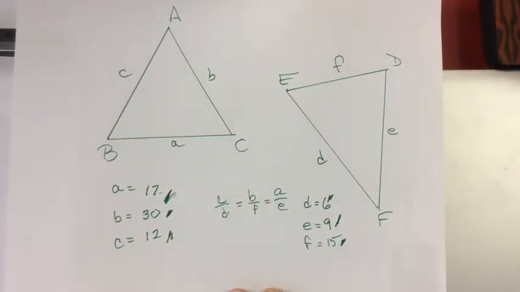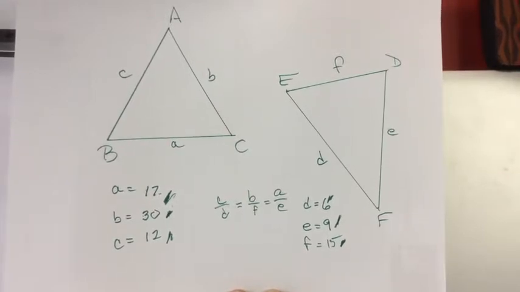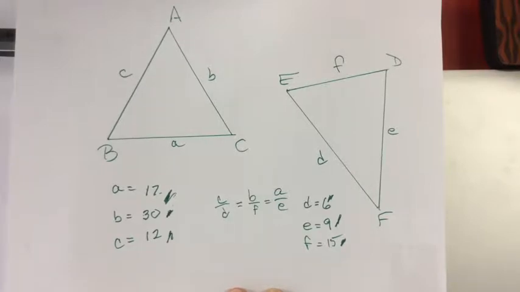But the point here is you have no chance of finding ratios that work if you don't compare the big side to the big side, the little side to the little side, and the medium side to the medium side. Okay? That's the only chance you have of finding side ratios that will be equal.